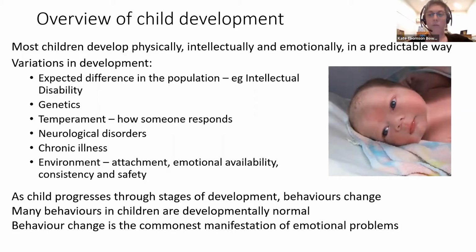And for healthcare professionals, we also use the lens of behaviour to think very hard about a child's emotional development and what they're experiencing at home or in other circumstances, because it's a very common flag for emotional problems or challenges that the child and family might be experiencing.